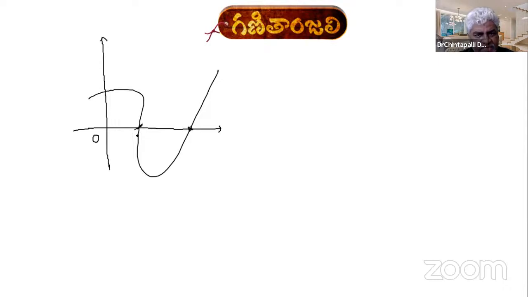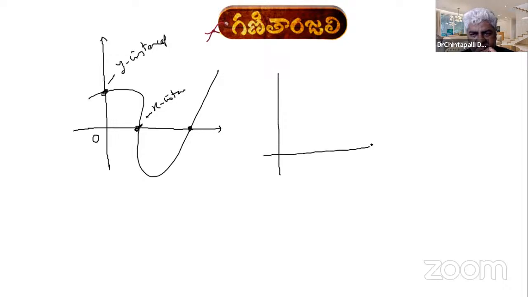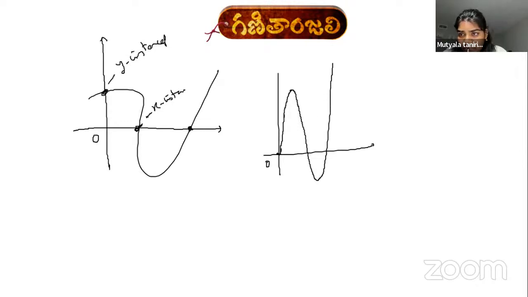these are called x-intercepts. This is called the y-intercept. This is the x-intercept. In this graph, it is 0.